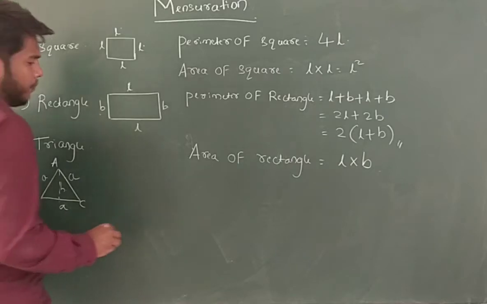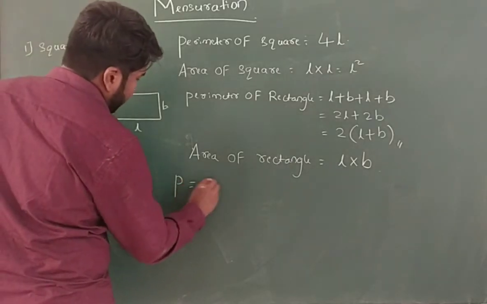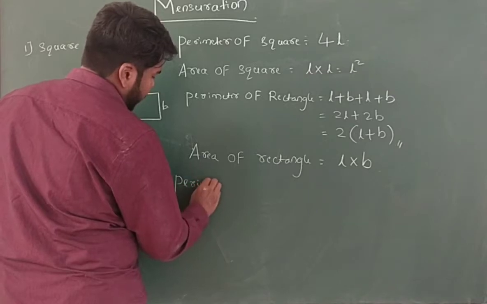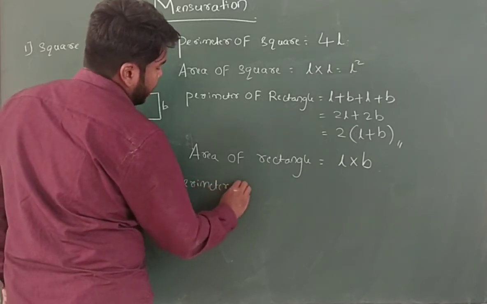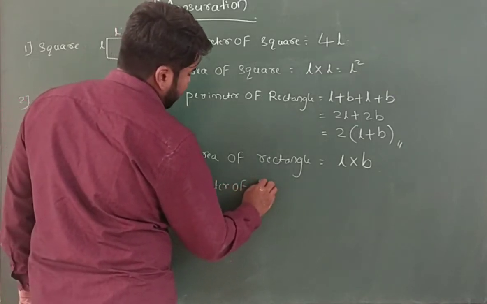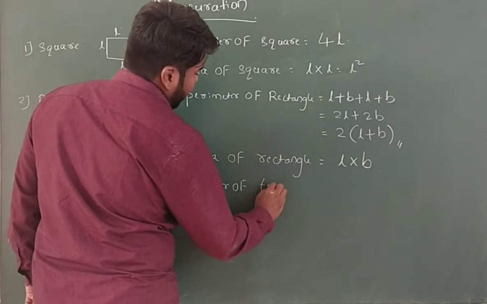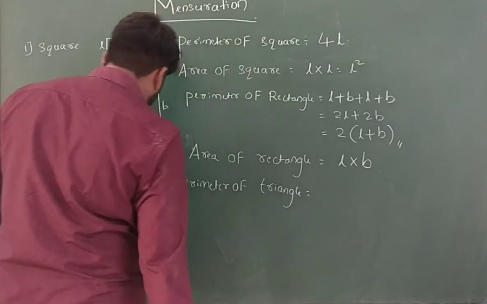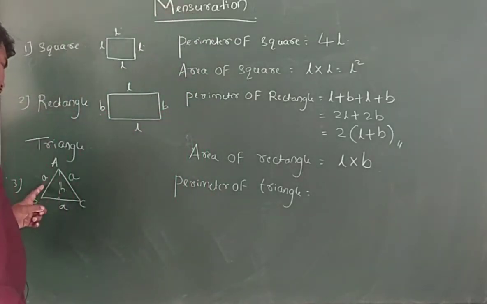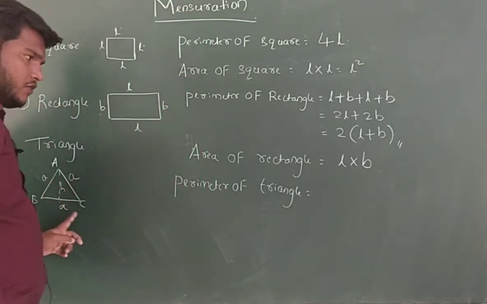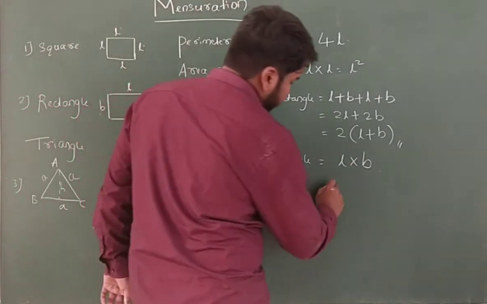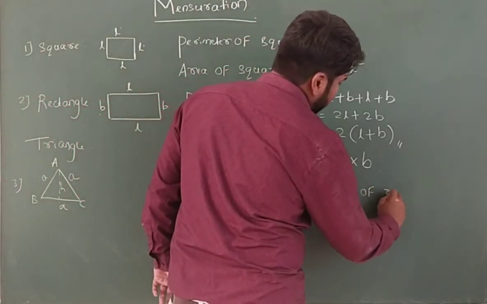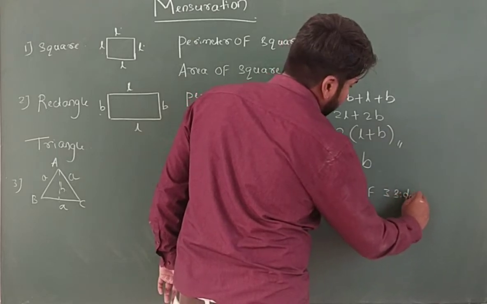What can we write for the perimeter of a triangle? The perimeter of a triangle is A plus A plus A, that is the sum of 3 sides.